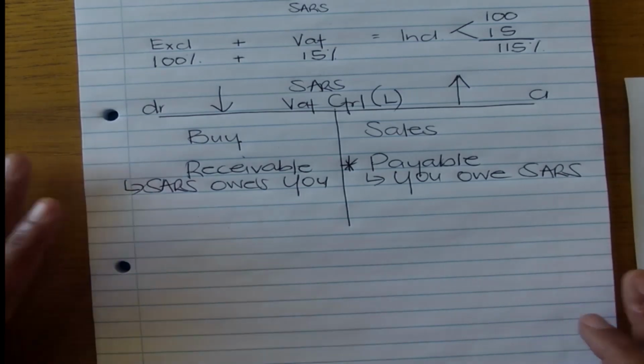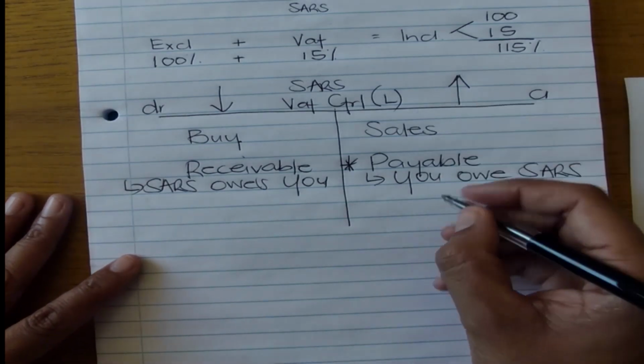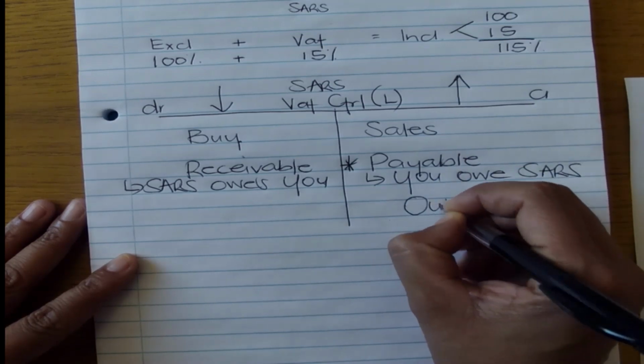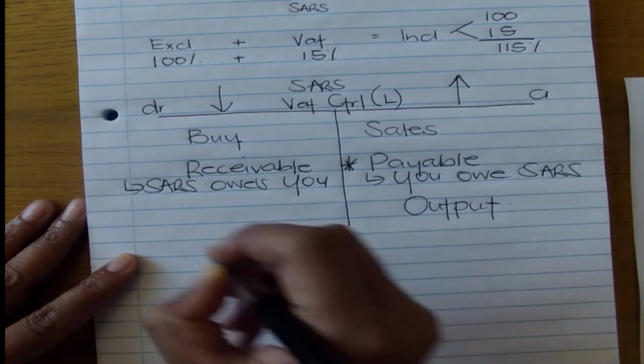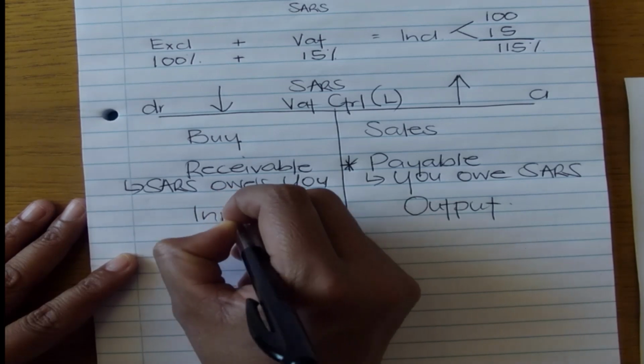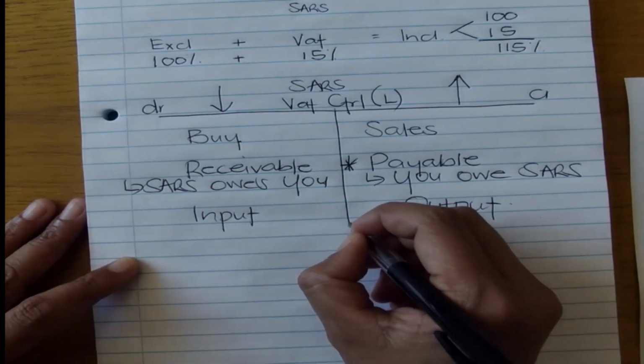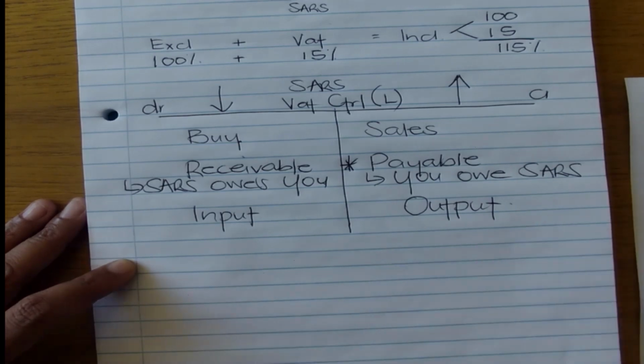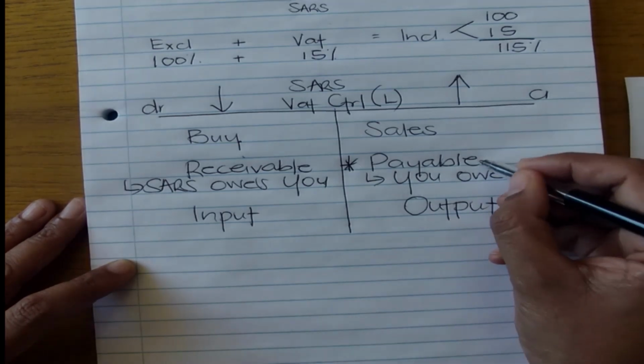Okay. And another way that we can say it is, on the credit side it's always output VAT, and on the debit side it's input VAT. What does this mean? Output VAT basically means this is money you need to pay out of your account. You need to pay SARS.